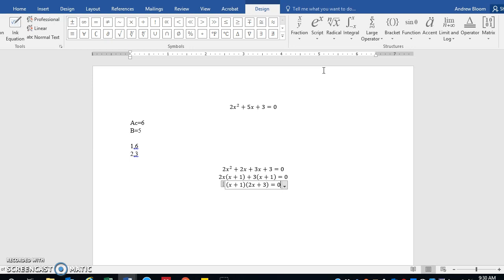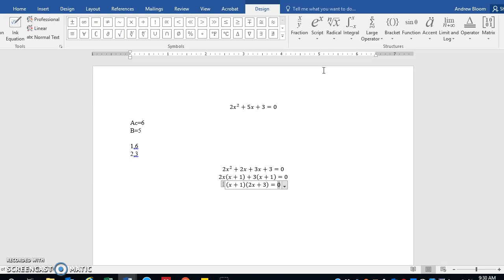In this case, it's essential that the number on the right-hand side is 0. If I told you that two numbers multiply together to be 6, there's an infinite number of choices. 1 and 6, 2 and 3, negative 1 and negative 6, negative 2 and negative 3, 12 and 1/2. All of those numbers can multiply together to be 6.